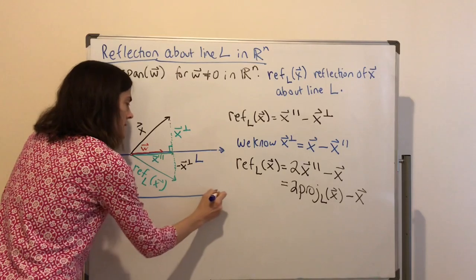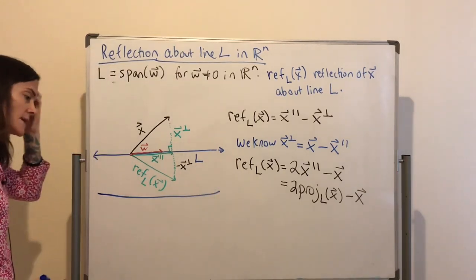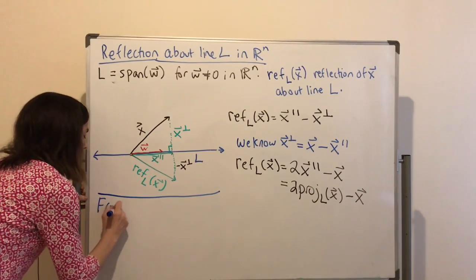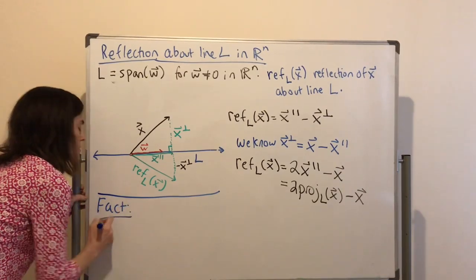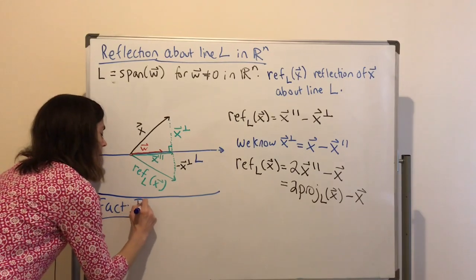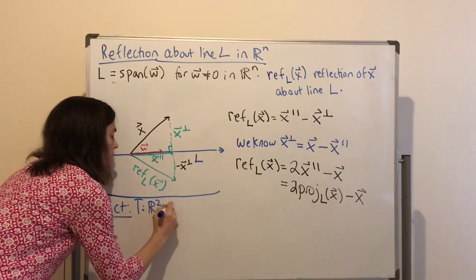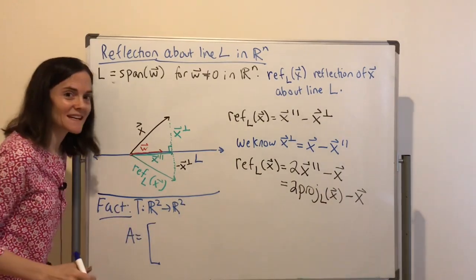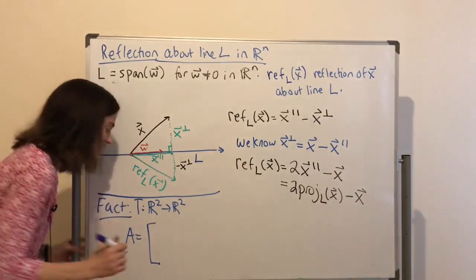And I won't go into the details of this. I think your book leaves it as an exercise. I'll just say as a fact, you can do it as an exercise if you'd like, is that when you have from R2 to R2, the matrix has the following form.